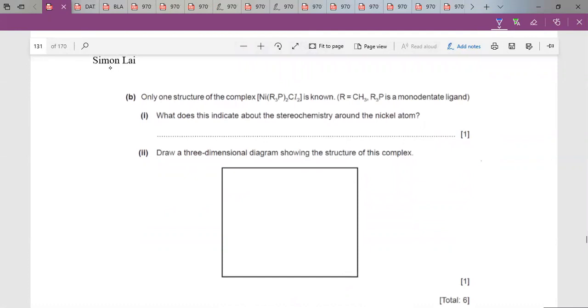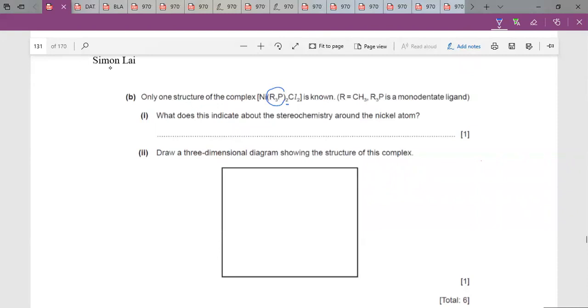Now here's only one structure of the nickel complex, NiCl2(R3P)2. Now this whole thing is 1, and chlorine is 2. It says here R is CH3.